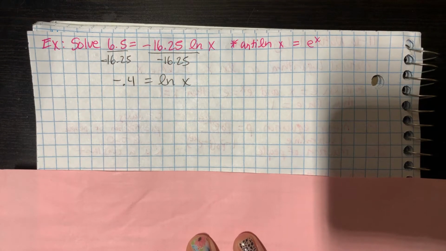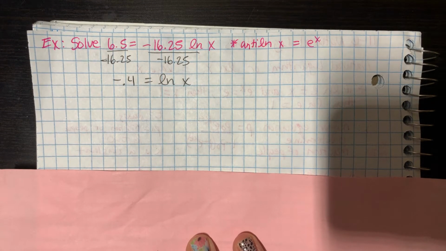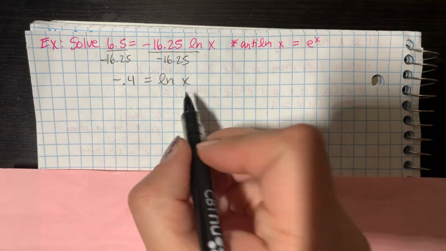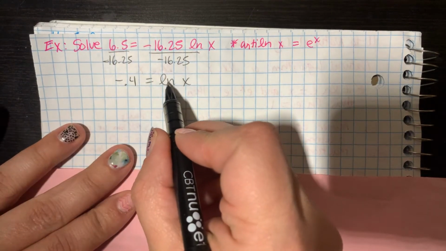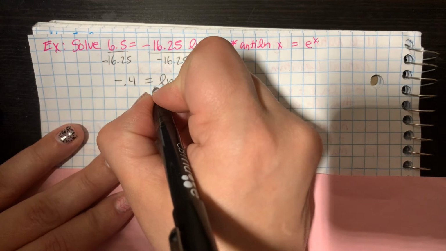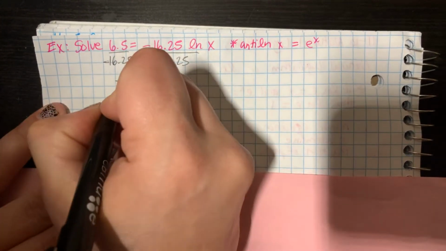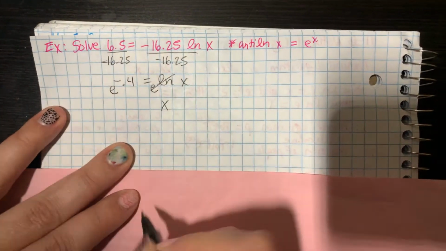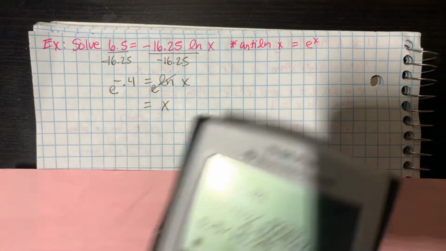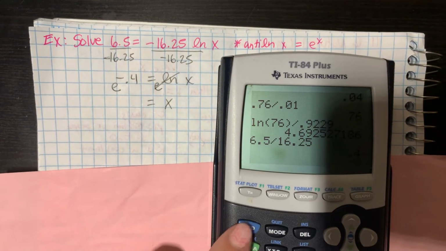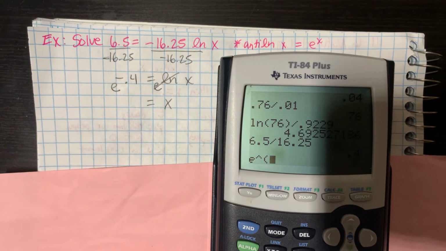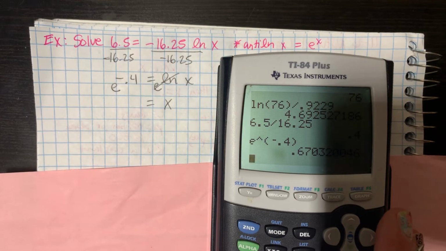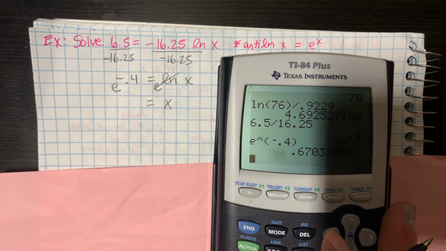Then to get rid of a logarithm, how I do it is I just add an e to the ln of x and this e to that power. So this gets rid of the ln, and if you type in e to the negative 0.4, that'll be the answer. So the answer is approximately 0.67.